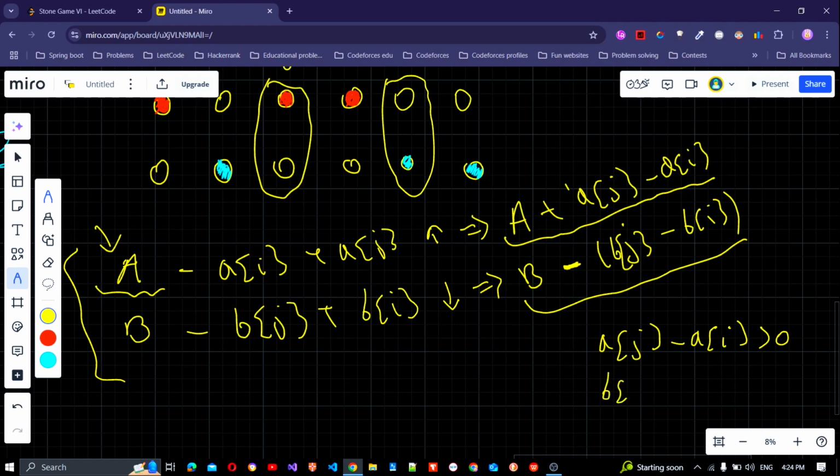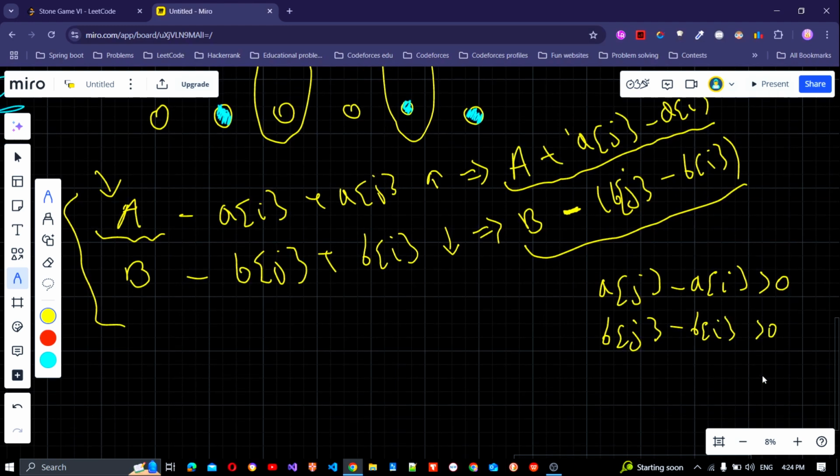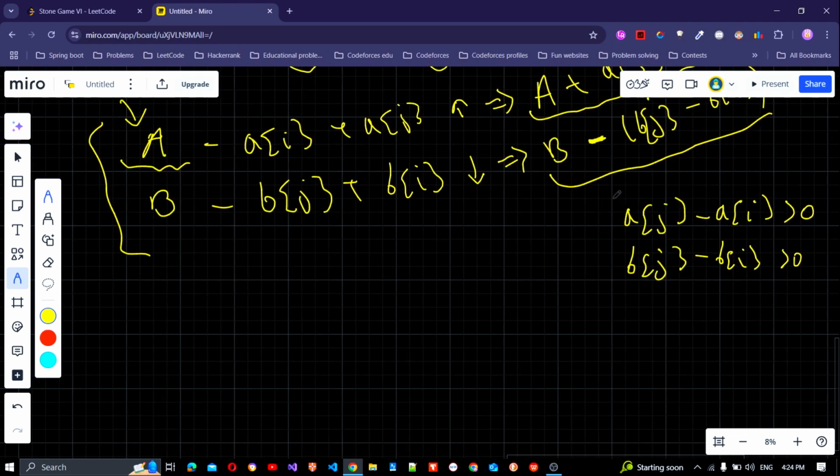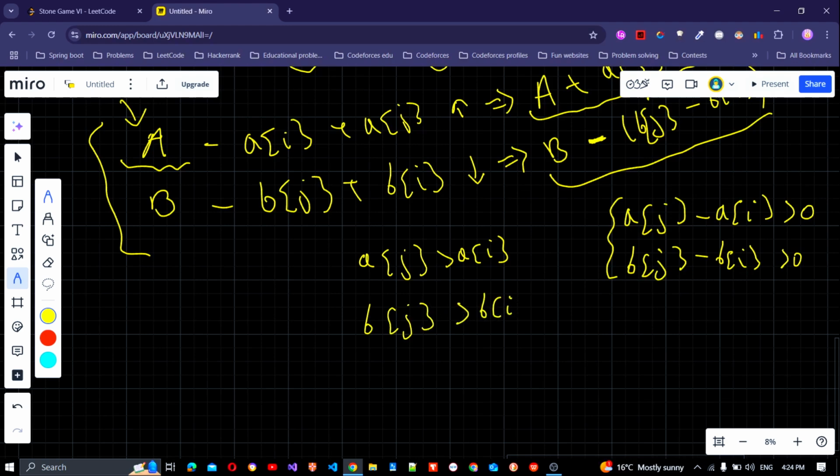So BJ minus BI is positive. I hope you see where we're heading. So now we have these two inequalities. Now we can have AJ greater than AI, let's just keep it this way for now, and BJ is greater than BI.